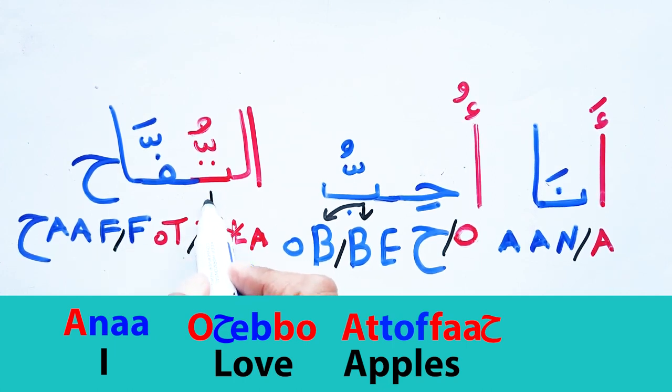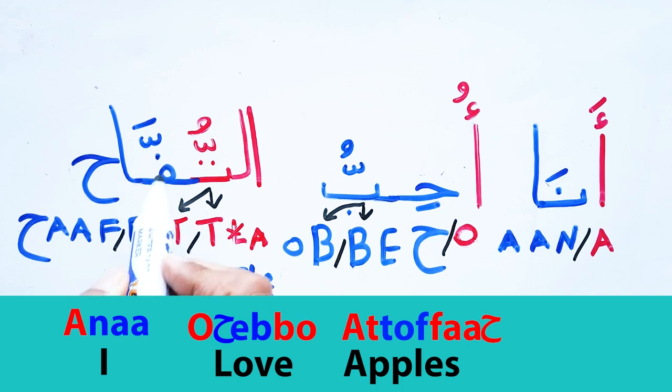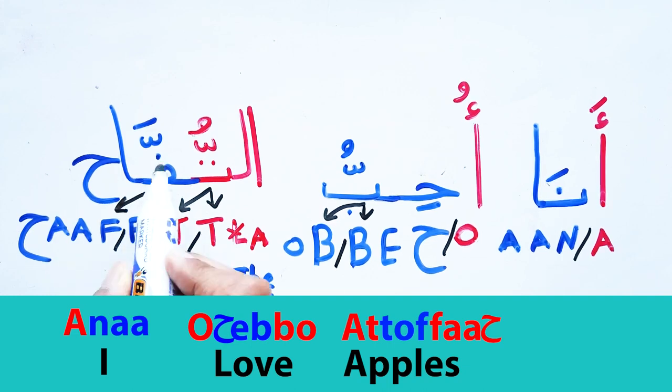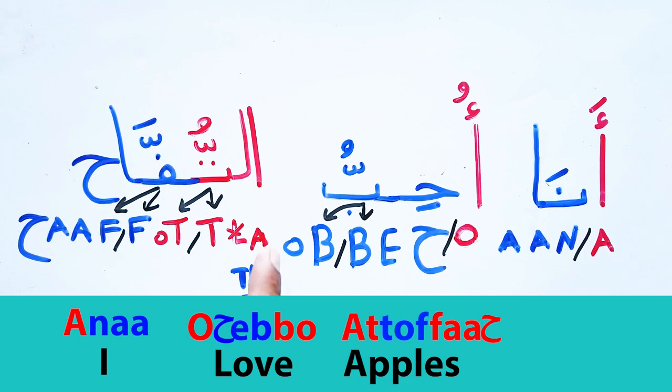Again, so this ta went to 2 different syllables. The first one went to the first one, and the second one went to the second one, okay? The same thing, this fa is pronounced 2 times. The first one went to this syllable, and the second one went to this one.